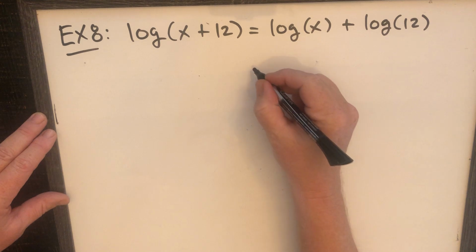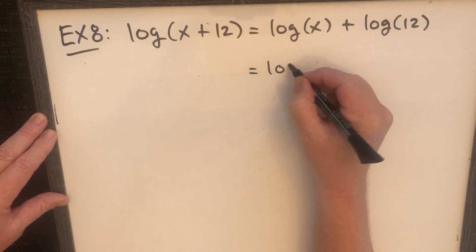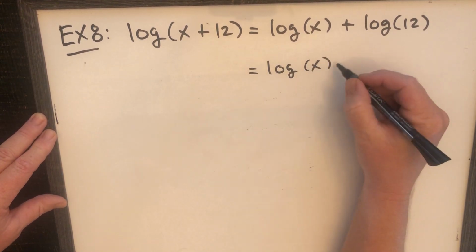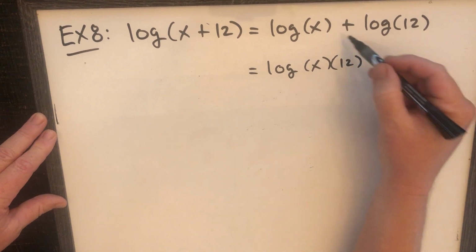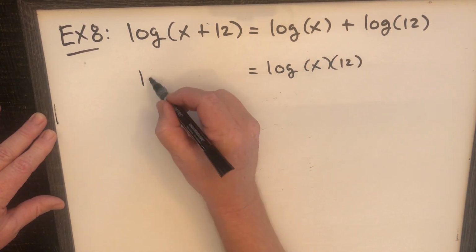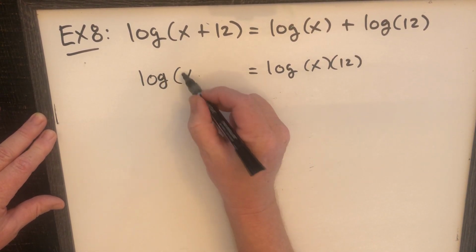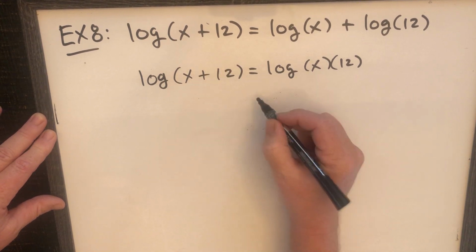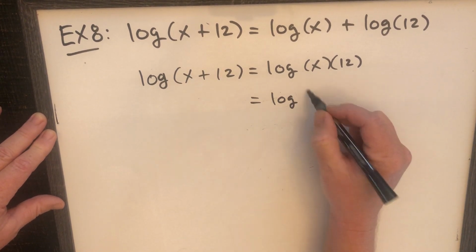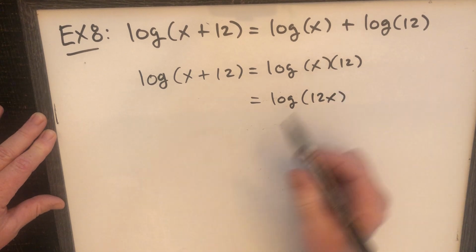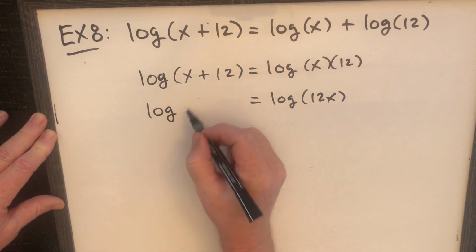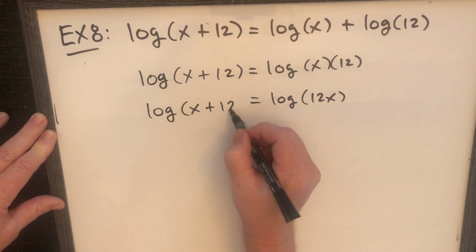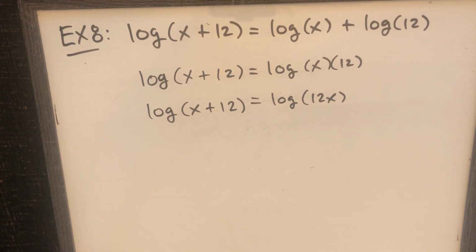However, the right-hand side, you can use the product property. And you can multiply these arguments together. I know that kind of looks funny the way I wrote it, so in my next line, I'm going to just write it the standard way, 12x. It's not typically the way we would write that.